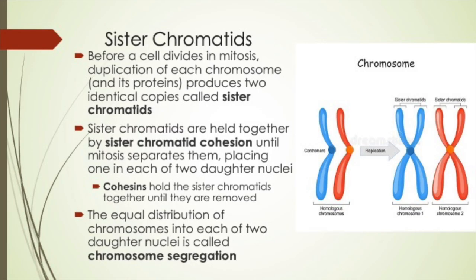So, before a cell divides in mitosis, duplication of each chromosome and its proteins produces 2 identical copies, right? And this is in S phase, and they're called sister chromatids. So each of those 46 chromosomes has to produce an identical copy of itself.